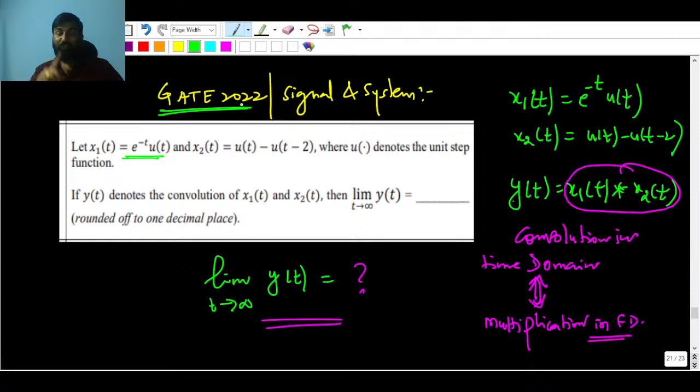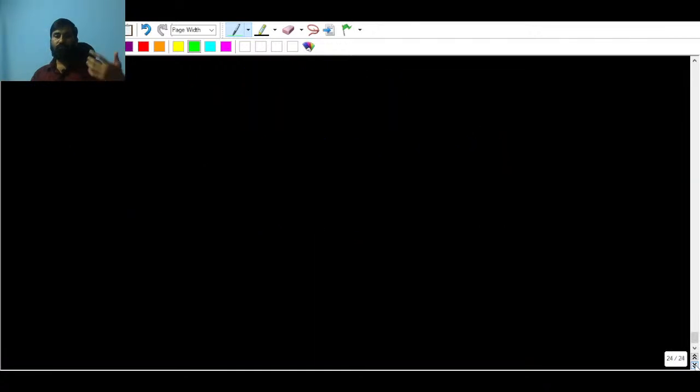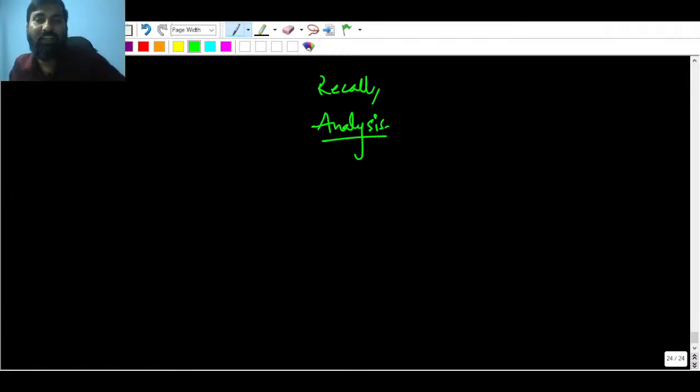In the GATE examination, remember, if you read the question carefully and recall the concepts, you can get the right answer. There are many kinds of questions asked: recall and analysis based questions. I have explained many times the difference between analysis and synthesis.